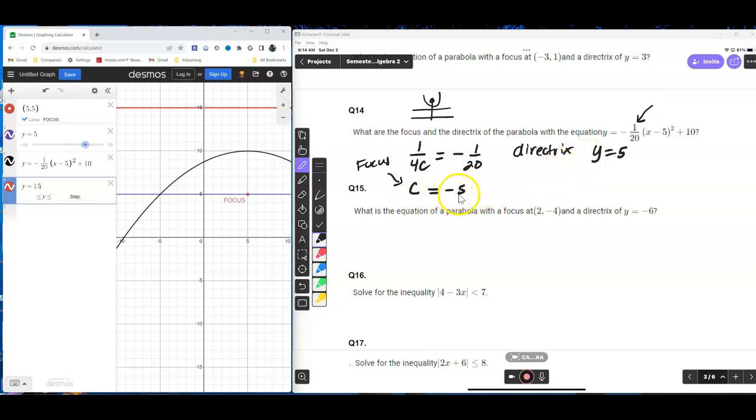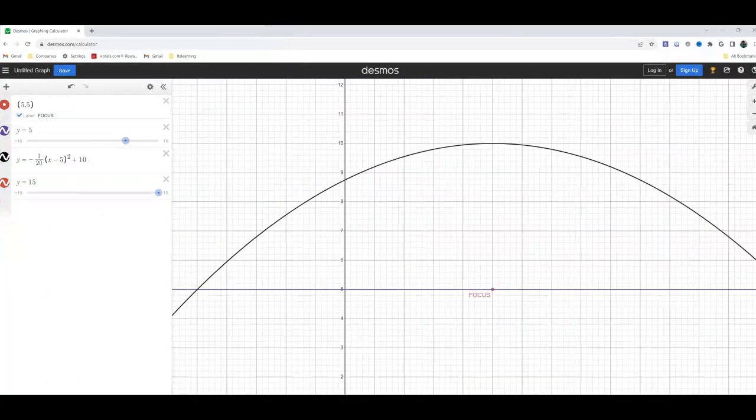The focus was at (0, -5), so I had to go 5 units to the right and then 10 units up. So my new focus is at (5, 5), and the new directrix is at y equals 15. It opens downward, and you can see that here. So basically you have to apply the transformation.